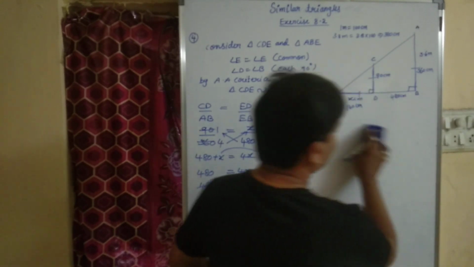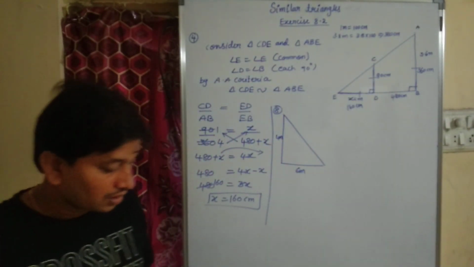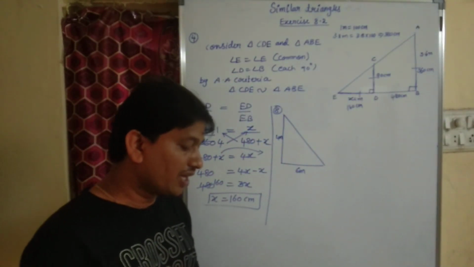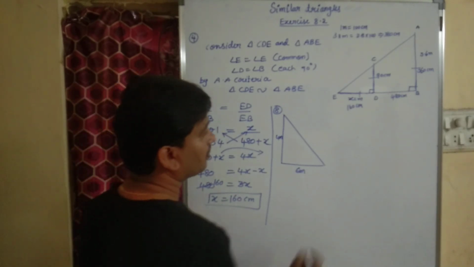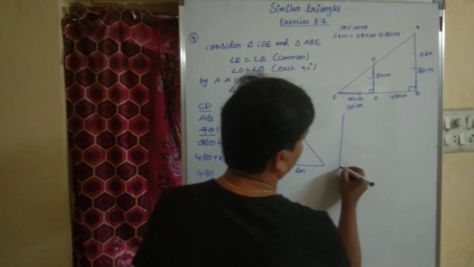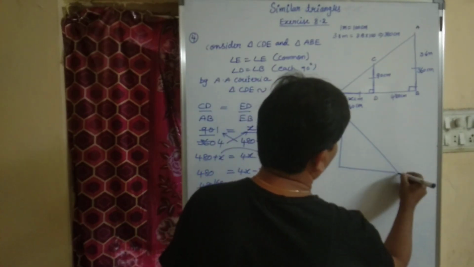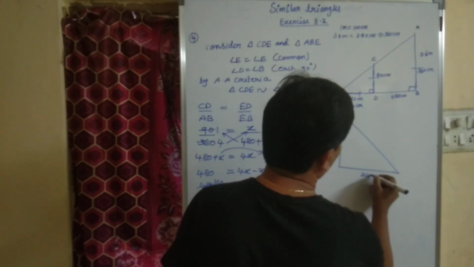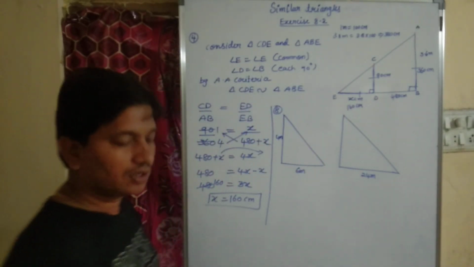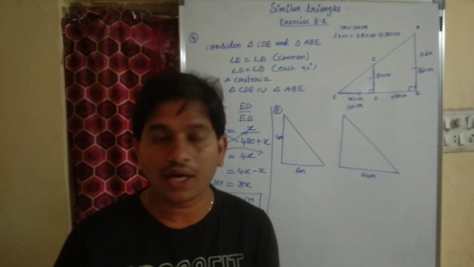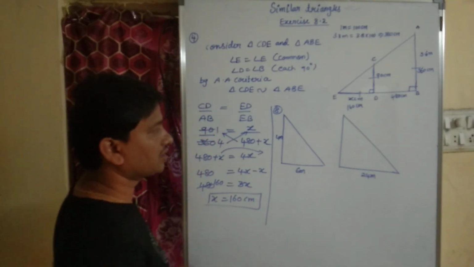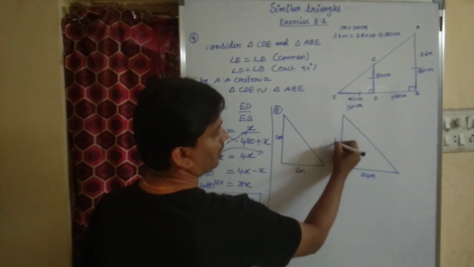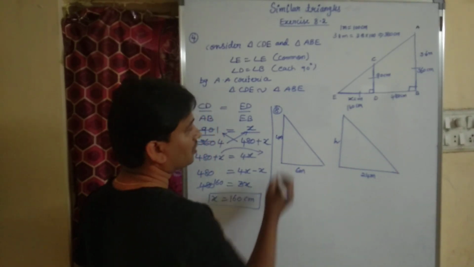Similarly, second one: at the same time, a nearby building, this is the building, casts a shadow of 24 meters. Now they are asking to find how tall is the building. So this is the height of the building. Let it be h.